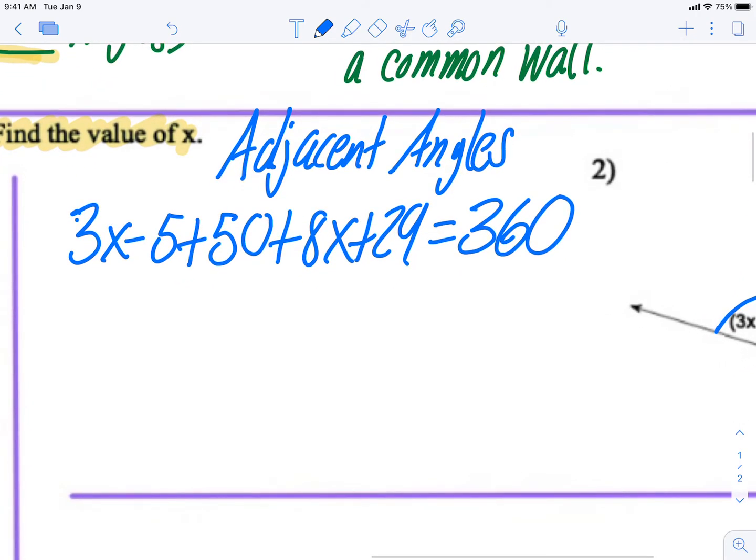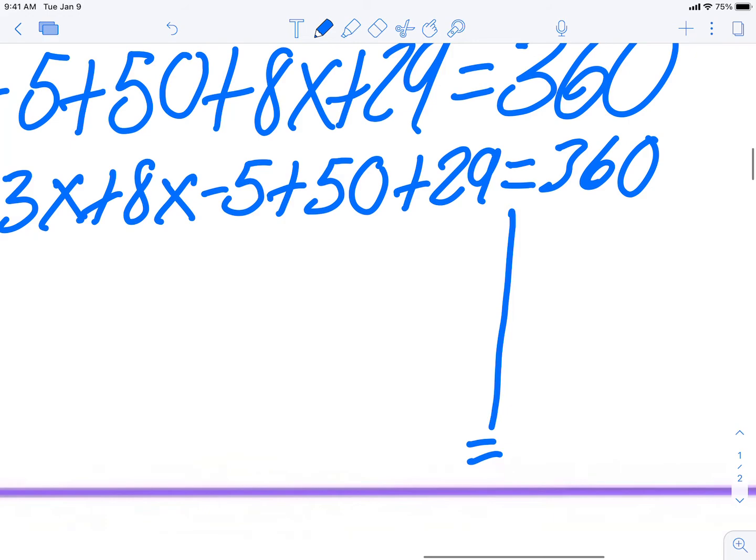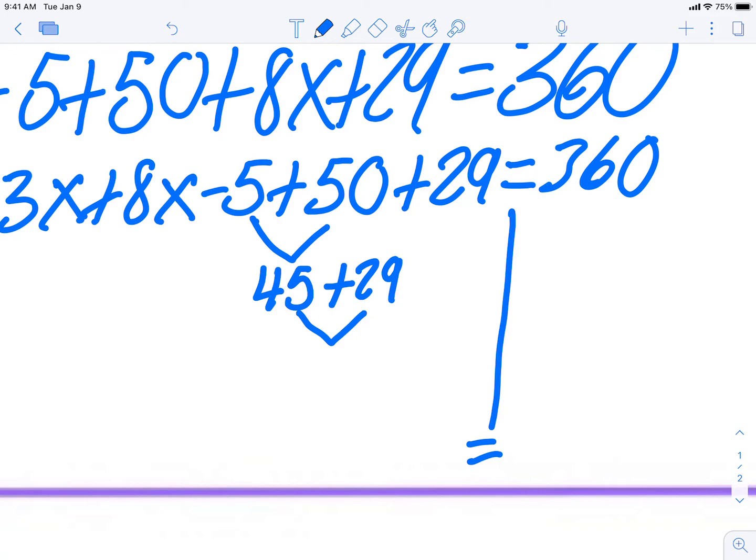So let's combine. I'm going to do 3x plus 8x together, and then minus 5 plus 50 and plus 29 is equal to 360 together. So I'm going to add these two first, and that gives me 45. And I bring down my 29, and 29 plus 45 is 74, right? But immediately, guys, that 74 is going to go over as minus 74.